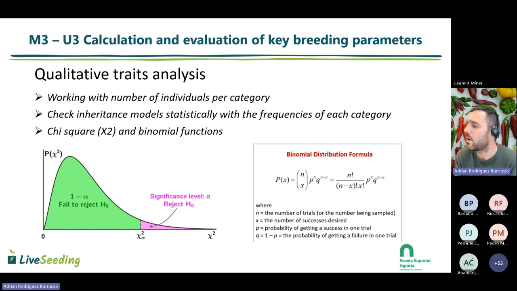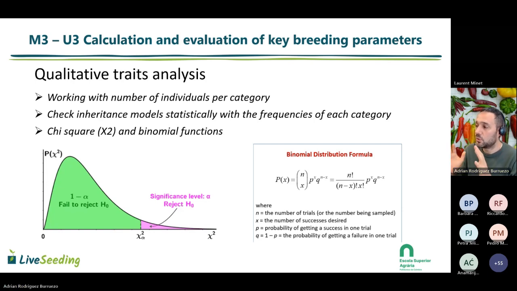And also, geneticists and breeders work with the binomial distributions, working with the number of individuals expected for each category and the P or Q, the expected frequencies for each phenotype, each category within the trait.